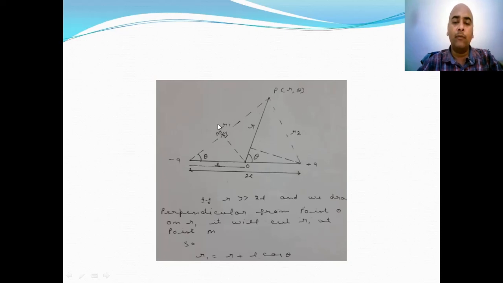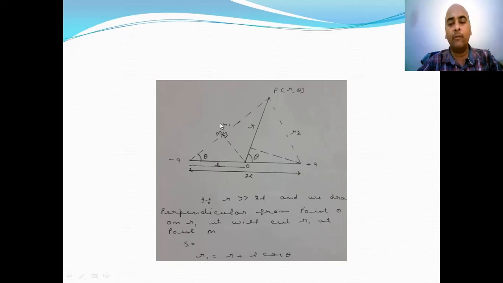So r1 in terms of r can be found as the total distance r1 equal to r plus the distance from M to minus q.